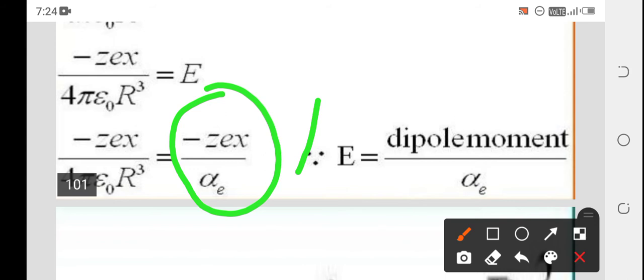So this is about the evaluation of the electronic polarizability. Alpha is 4 pi epsilon naught times r cubed. This is the electronic polarizability.